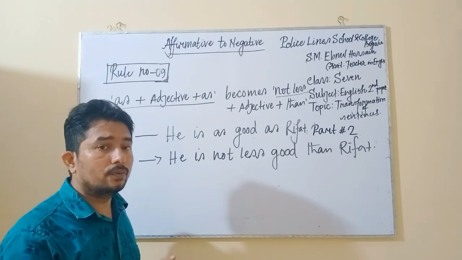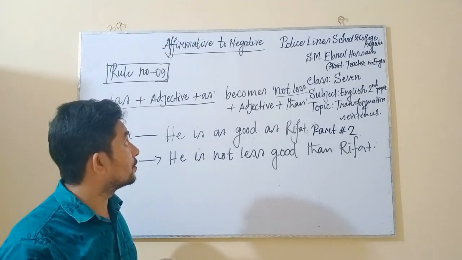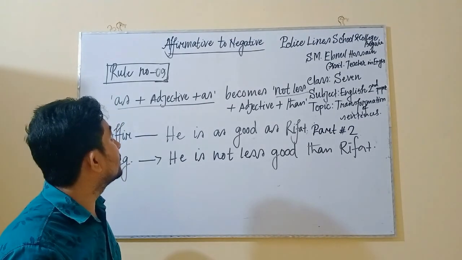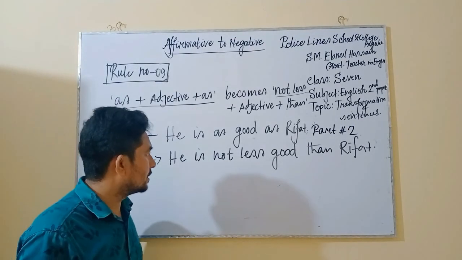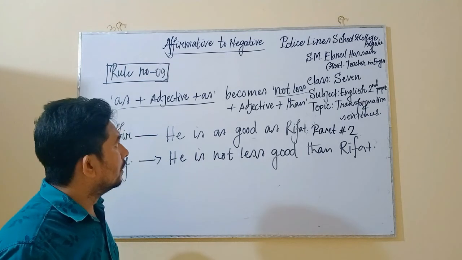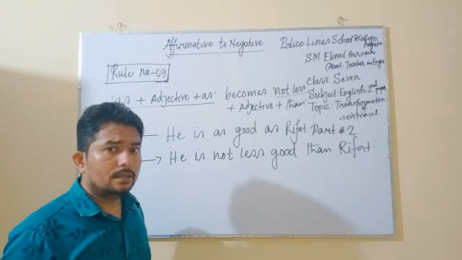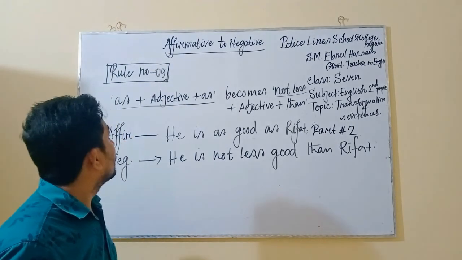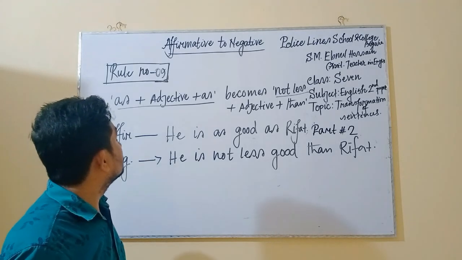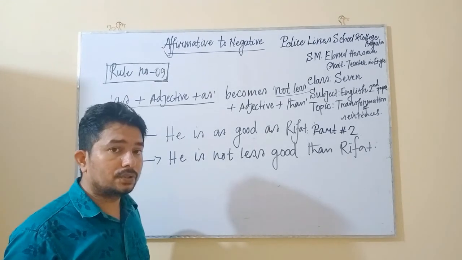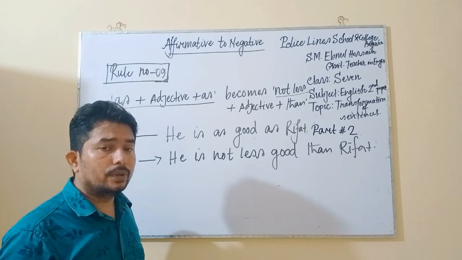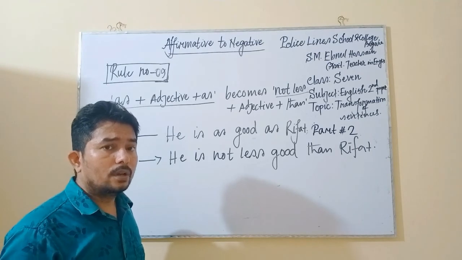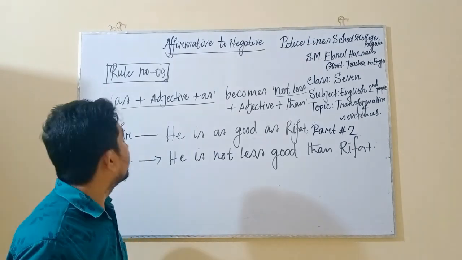So this is the easy way to master the rules of vice versa. In the previous class we discussed 4 rules, and in today's class we wrote down 5 more rules.